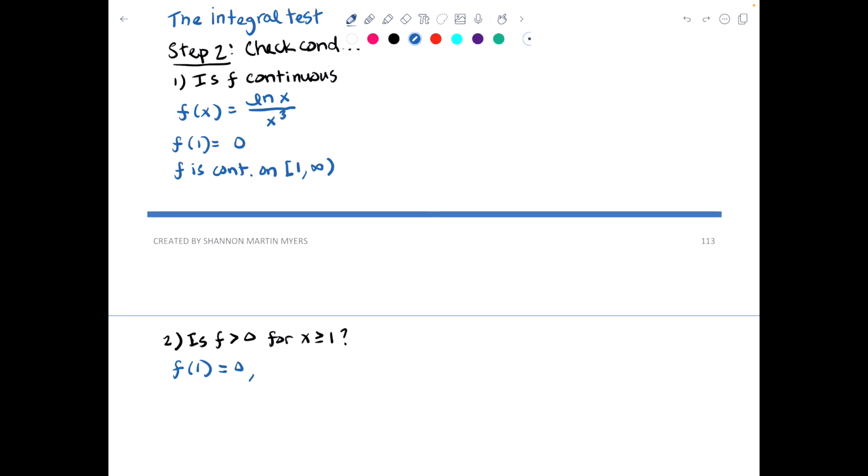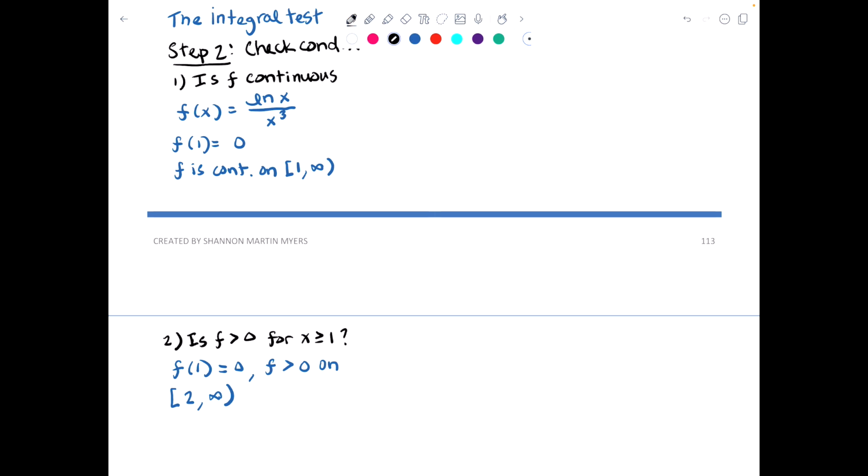And so the natural log function after x equal 1 will start having positive numbers. It's as you get closer to 0 that it's going to have negative numbers when you're less than 1. And so we would say f is greater than 0, so positive, on, we'll say from 2 to infinity. So we'll start our integral at 2.